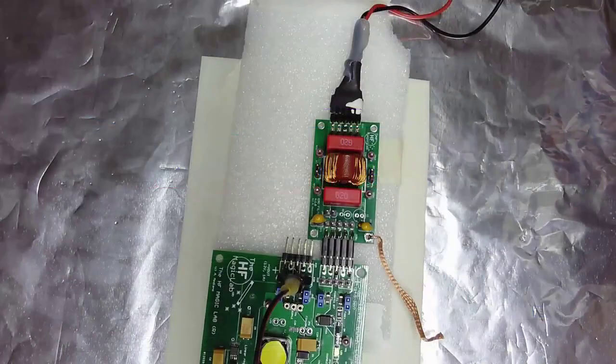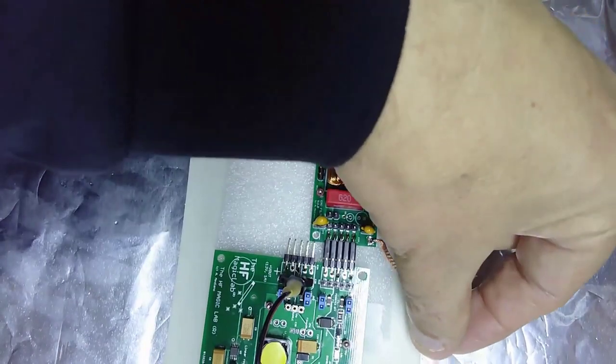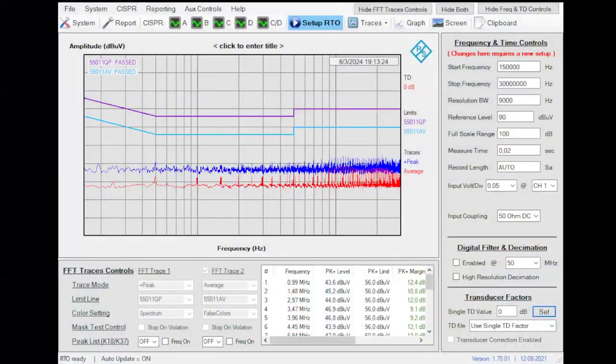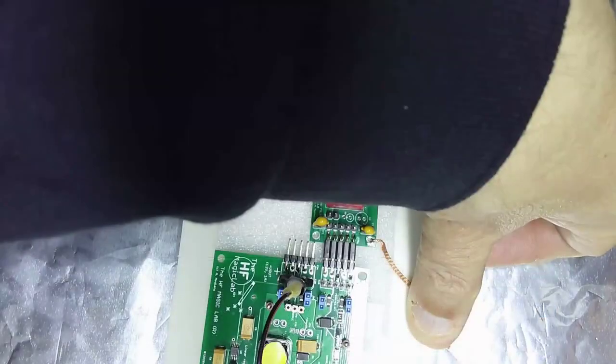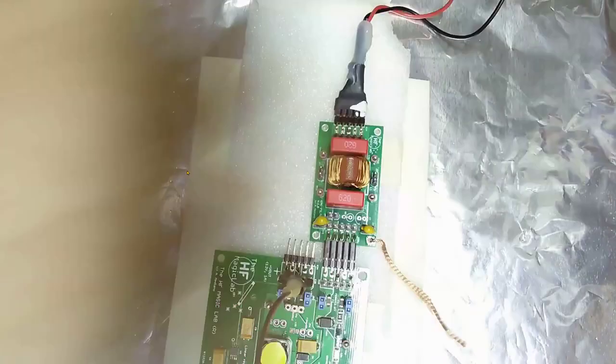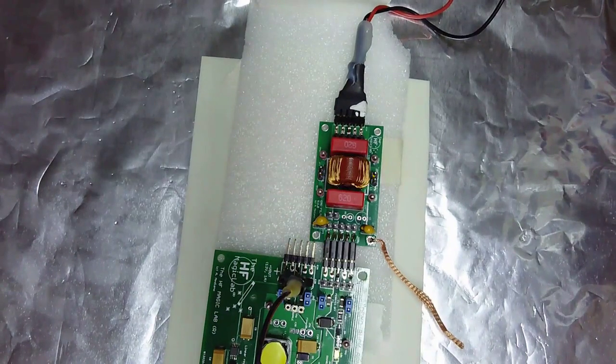And now is when I am going to touch the chassis with the wire. Okay, so this is the emission here. This is what I am doing. Remember, in my previous measurement, I forgot to remove the jumpers that were short-circuiting the common mode choke, and that is why it was not failing for the common mode. So now we go here.